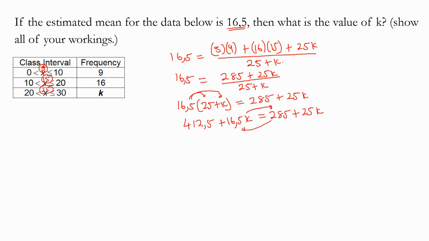Remember, then 412,5 minus 285, you can use your calculator there, is 127,5. And then 25k minus 16,5k is 8,5k. And then what do you do? Divide by 8,5 on both sides. Then k is equal to what? Is equal to 15. So that's the answer that you're supposed to get.